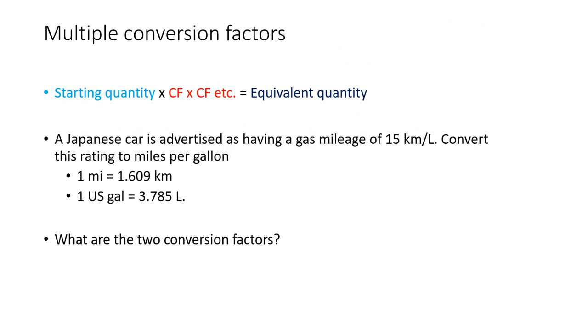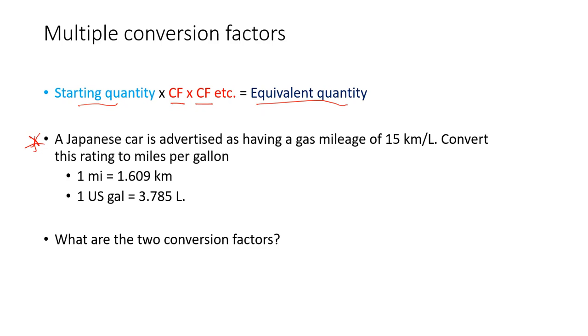So you may have multiple conversion factors. You have a single starting quantity, like we can see here, and then conversion factor 1, conversion factor 2 to give you equivalent quantity. So an example here, a Japanese car is advertised as having a gas mileage of 15 kilometers per liter.